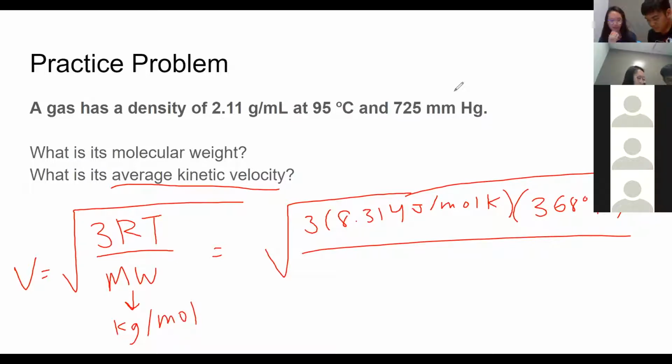So we're going to take the number we calculated last time, 66,797 grams per mole.